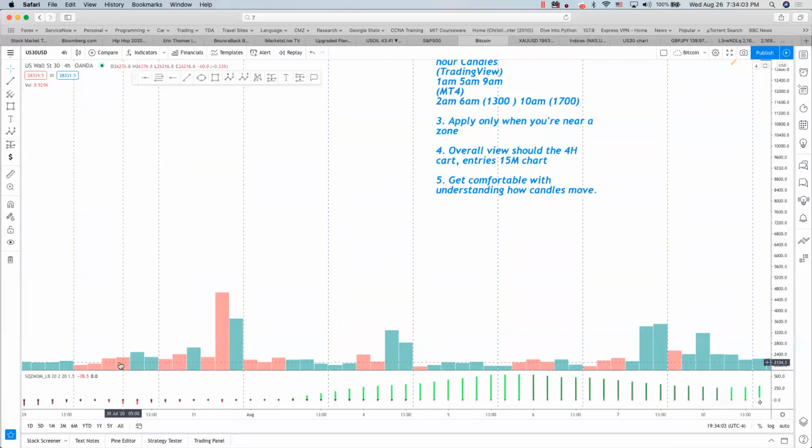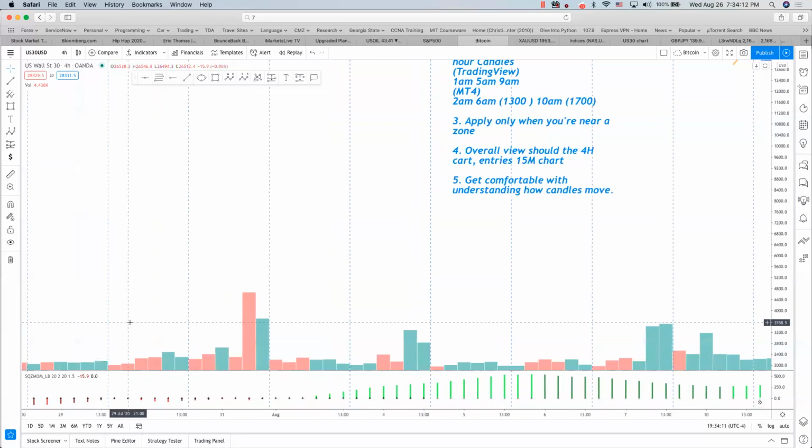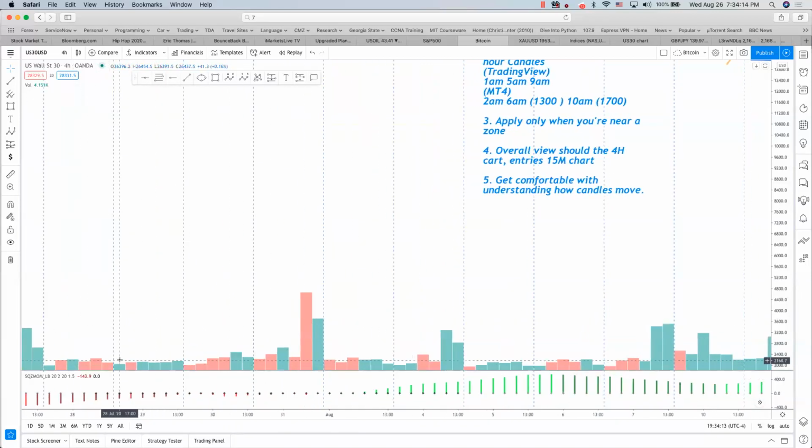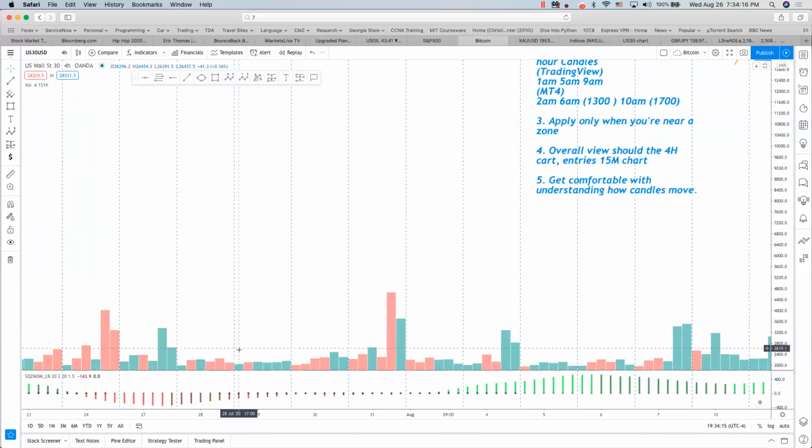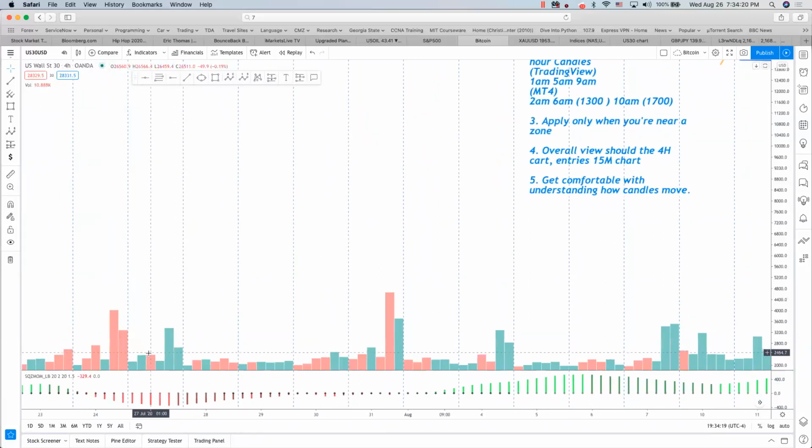This one didn't give you a lot of movement, but even still, these 3 candles were the most volume right here and into this last one. This day was flat. This day was flat. This day was kind of slow, but still most volume came, right?